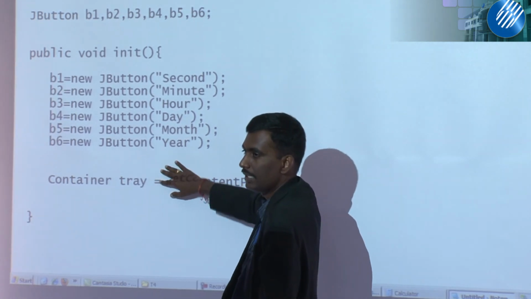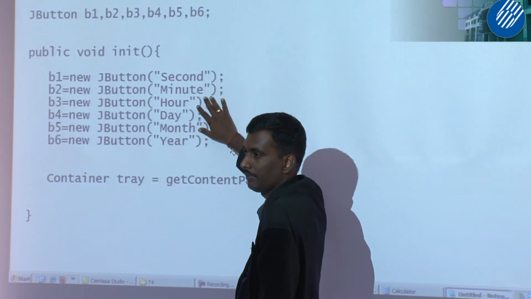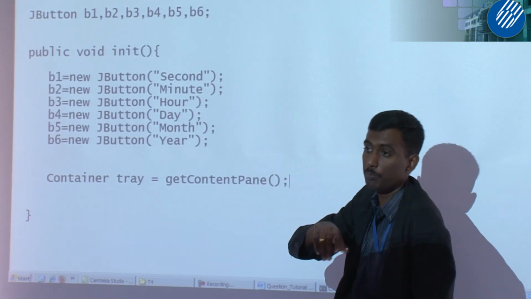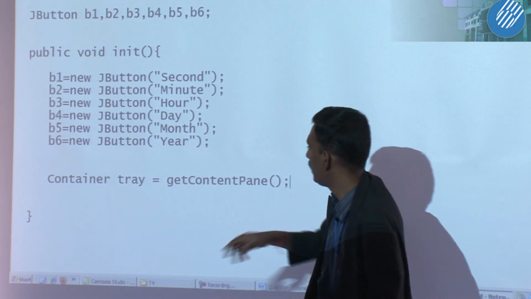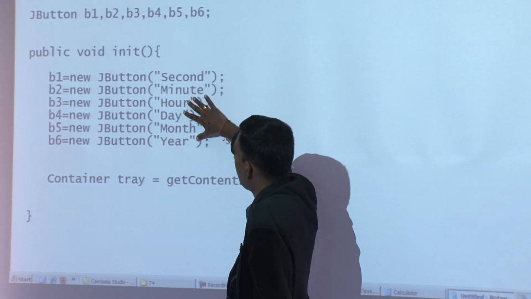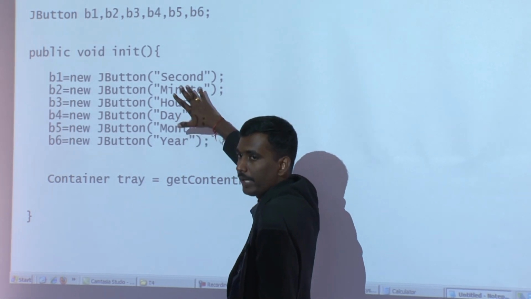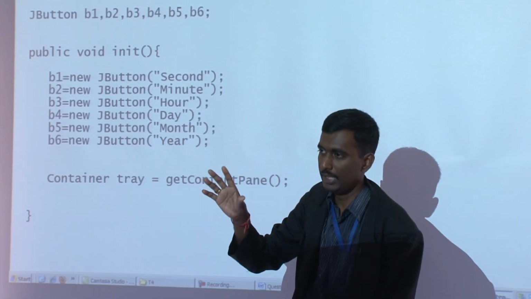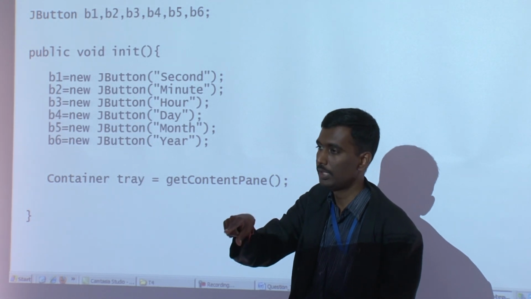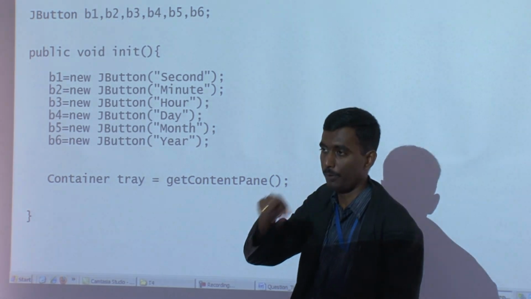If you don't have this, then you cannot have this. But if you are using the latest version, JDK 1.6, they don't have this. Once you create the components, you can put them directly into the applet. But I will follow the steps given in the book, in the module, because the module is based on 1.4.